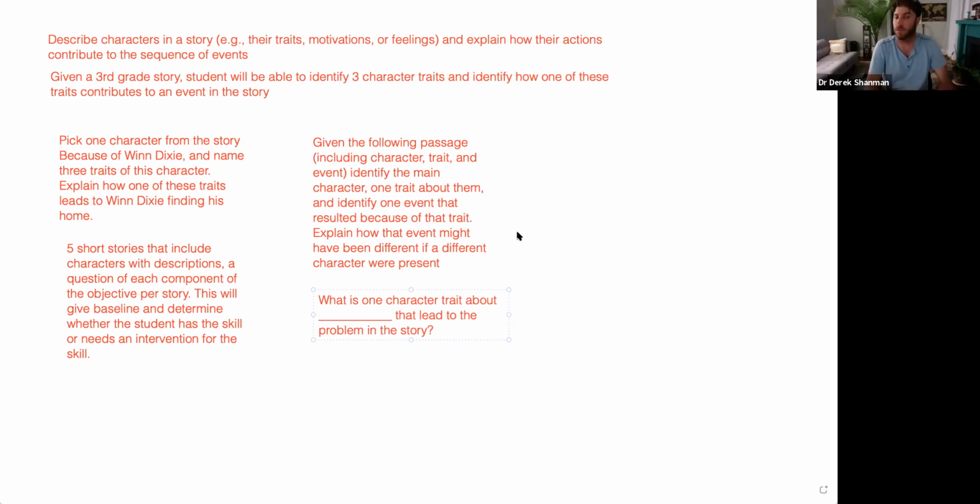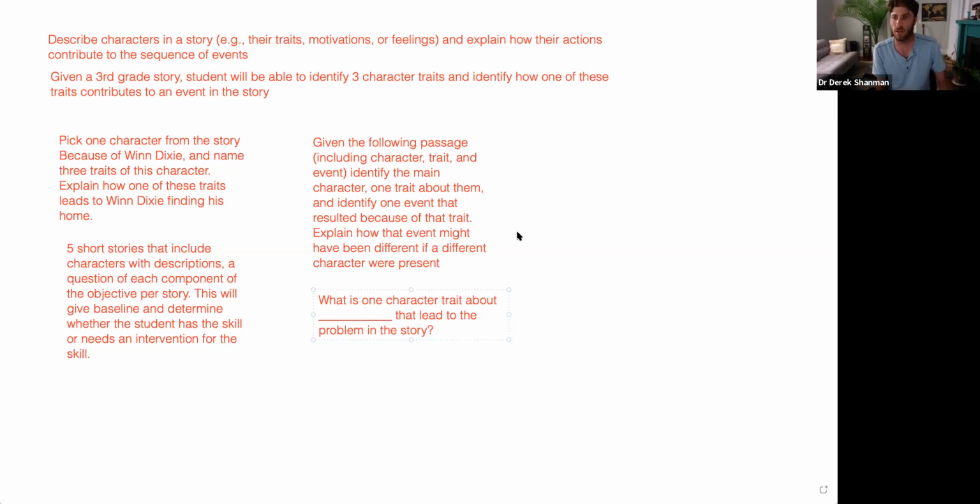I think that's absolutely correct. And in many cases, I don't want to say all cases, when we do these types of assessments, we want to be able to present untaught material, right? Otherwise we're just assessing directly what has been taught.